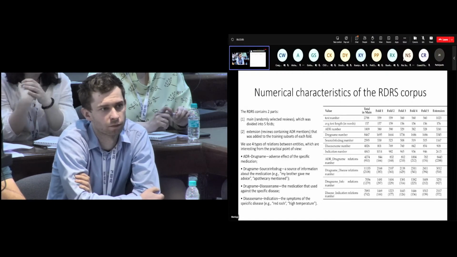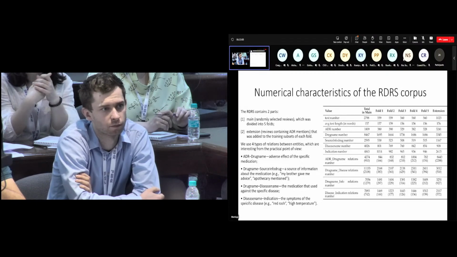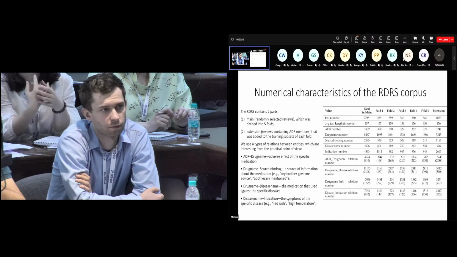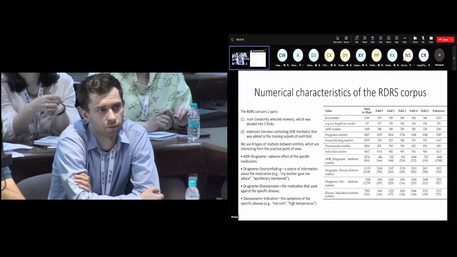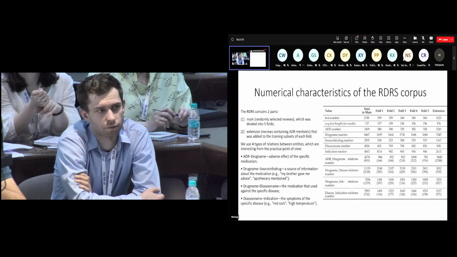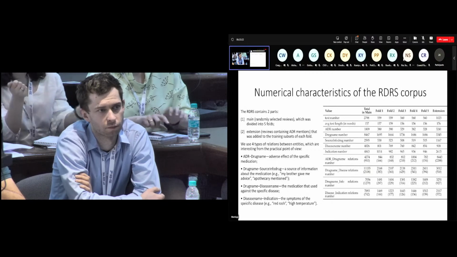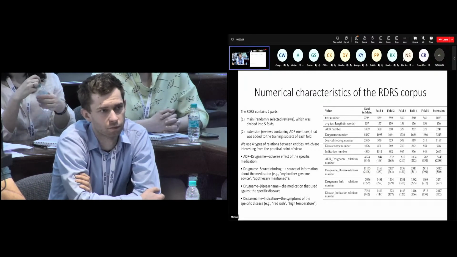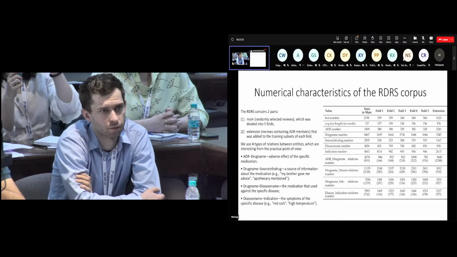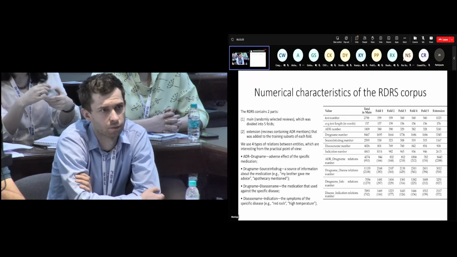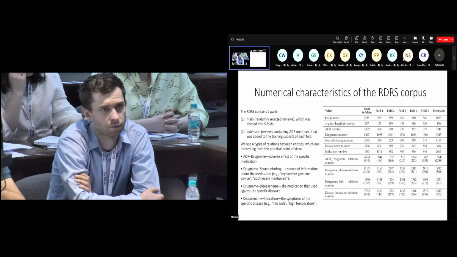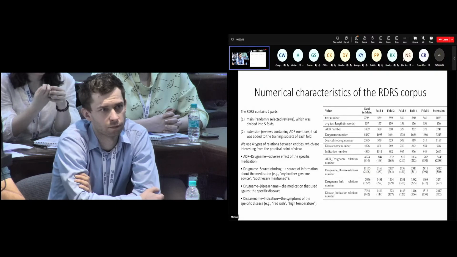For example, my brother gave me advice, or somebody recommended me this medication. Drug name-disease name determines the medication that is used against a specific disease. And the last one, disease name-indication, determines the symptoms of the specific disease, for example, red rash, high temperature, and so on. The statistics of this corpus you can see in the right table of this slide.